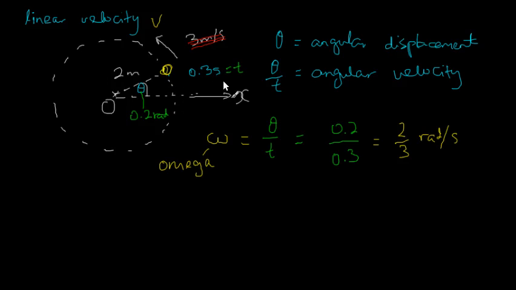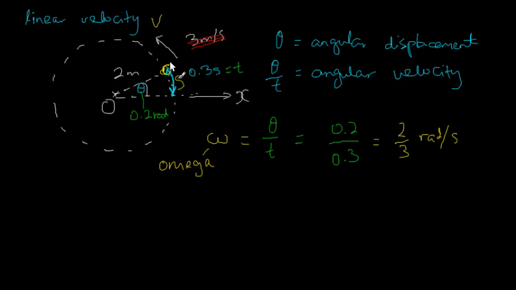In this time, let's say this time of 0.3 seconds, the ball would have moved from here, from 0 angle to the new position of 0.2 radian. So it would have moved over this arc. Now let's say the value of this arc is S.